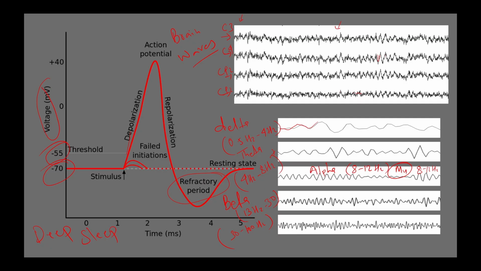One more example: suppose we are doing some active problem solving, you are engaged in something and your brain is very focused on it. Then we will see faster beta waves, this kind of beta waves.